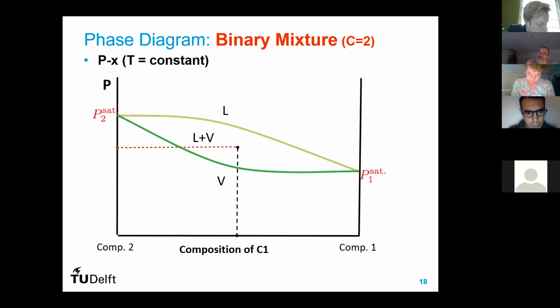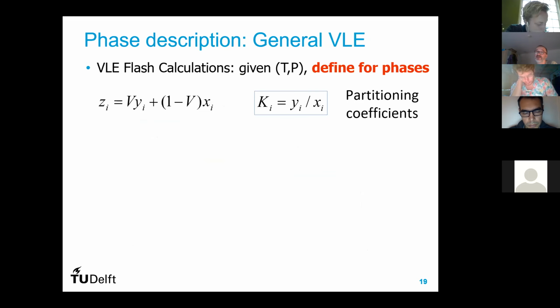If I have a certain composition and a certain pressure, and temperature is fixed, so both a certain pressure and a certain temperature, would this mixture of two components form liquid, vapor, or two phases? To answer that, you can use vapor-liquid equilibrium flash calculation.